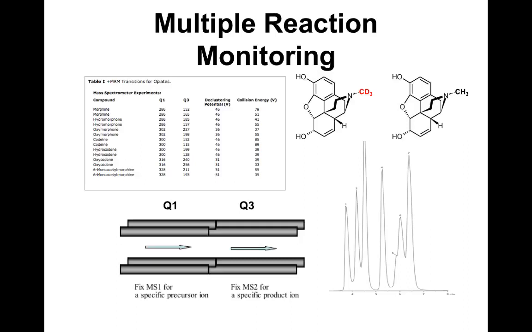And the multiple reaction monitoring allows you to look specifically for the characteristic fragments of that molecule, and those are known, and they are ensured to be unique. They don't overlap with anything, or sometimes it's a combination of fragments to be certain that this is the only molecule that can be there. And then it's quantified by looking at the isotopically labeled fragments to ensure that you can quantify.